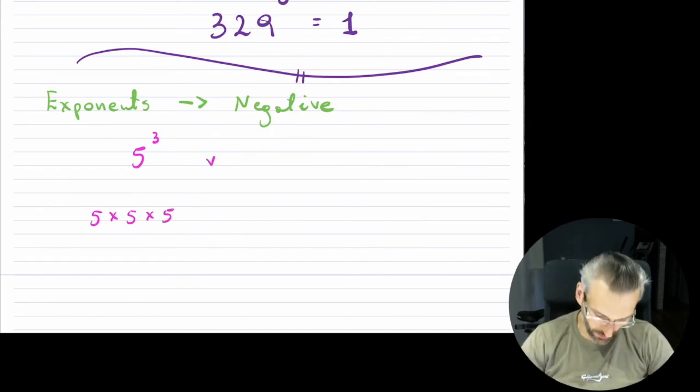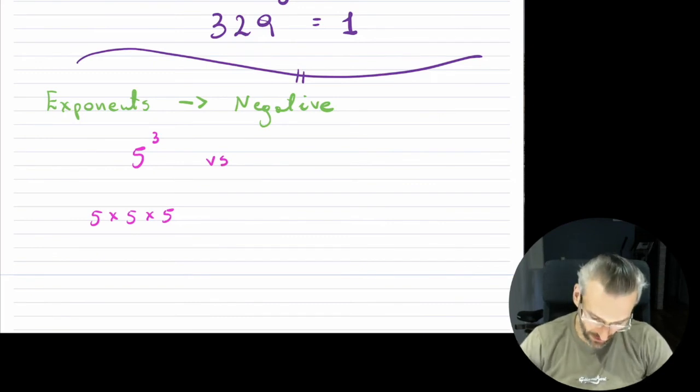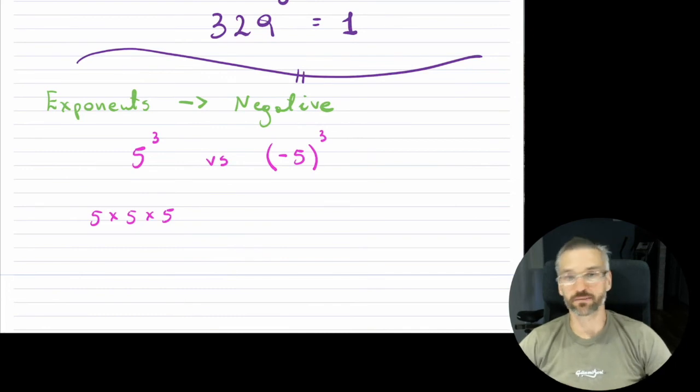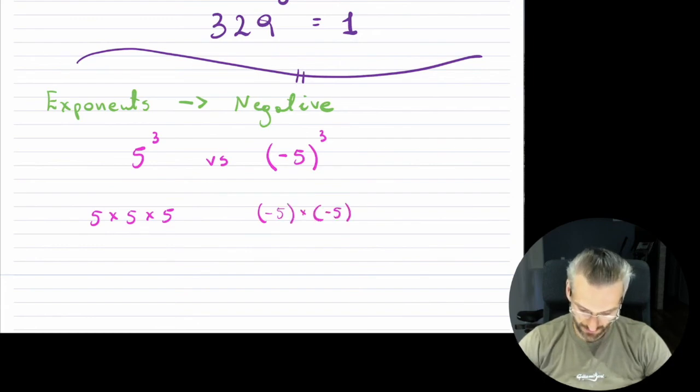Now, what if you had negative 5 to the 3? You should intuitively start connecting the dots, and this should simply tell you that this is negative 5 multiplied by negative 5 multiplied by negative 5.